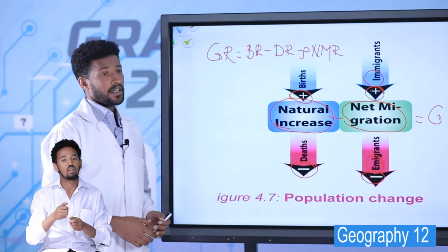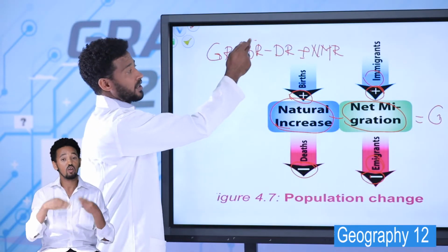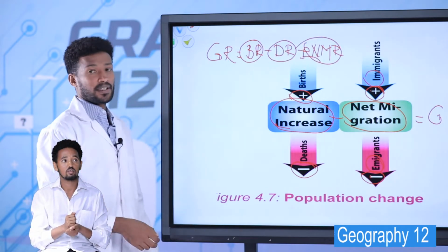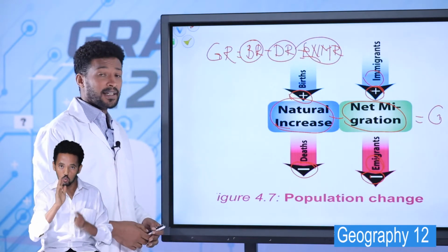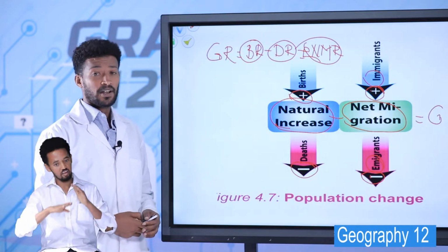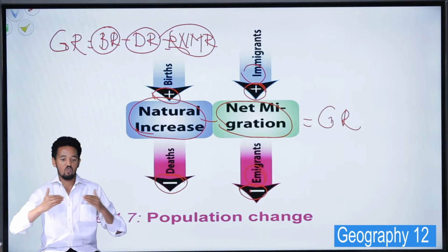Therefore, if you get these three things, you can calculate whether one country's population is increasing, decreasing, or constant.